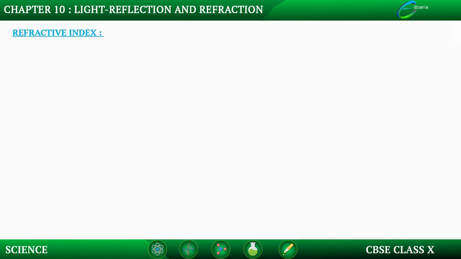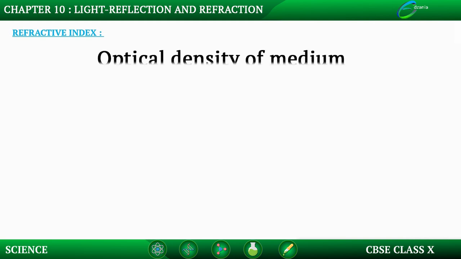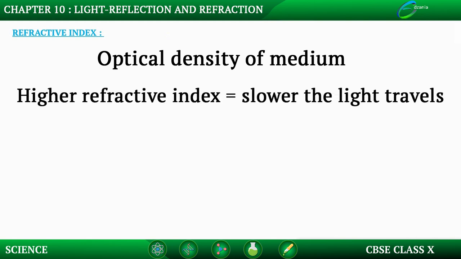Another way of understanding refractive index is through optical density. All these are not different from each other, but they define the same phenomenon from a different point of view. With our previous discussion, we can say higher refractive index means the slower the light travels, and we will call it an optically dense material.